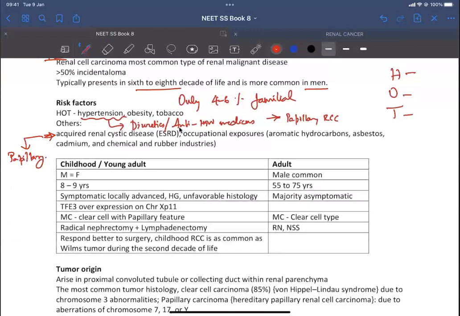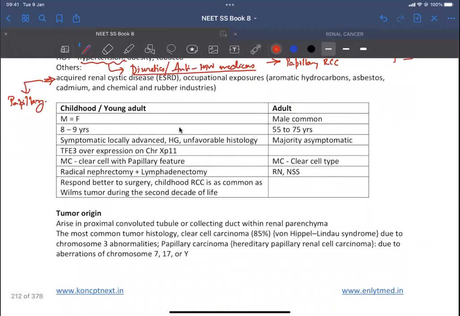And there are certain occupational exposures that can cause cancers as well, but the three classical ones are hypertension, obesity, and tobacco. Campbell does say that association with diuretics and antihypertensive medications are more prone to form papillary type of RCCs, but you can see both in all of these.